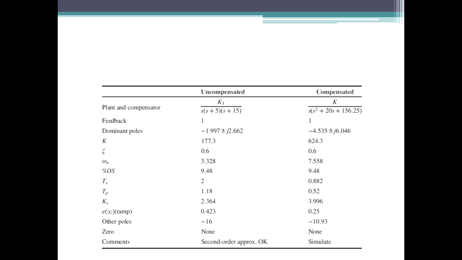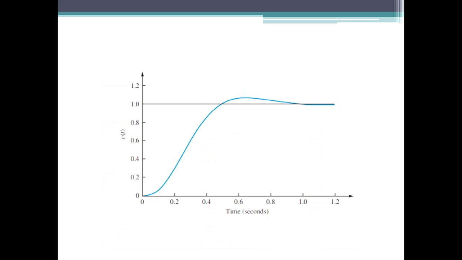The results, however, are predicted results and must be simulated to verify the percent overshoot, the settling time, and the peak time, since the third pole is not far enough from the dominant poles. And this is the step response shown in the figure, and it closely matches the predicted performance.